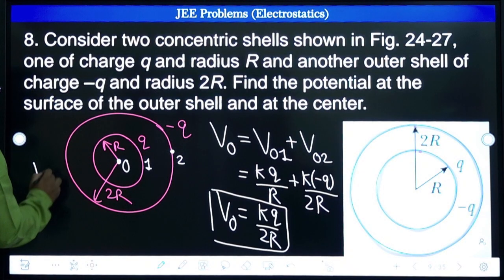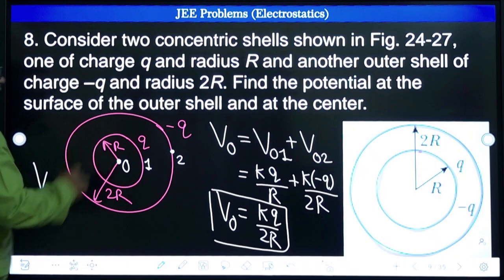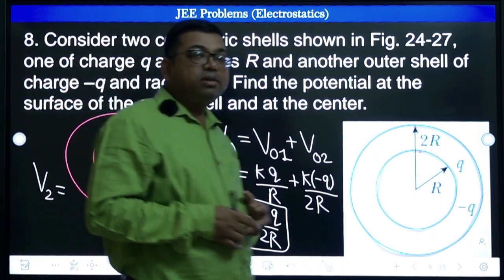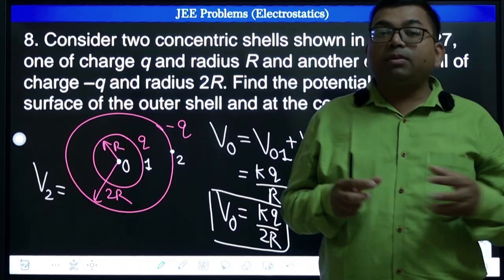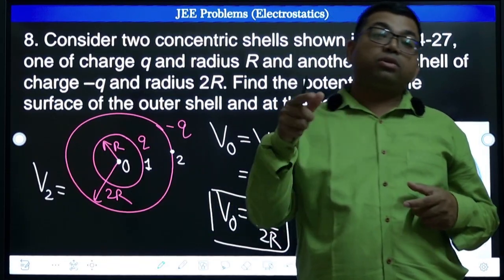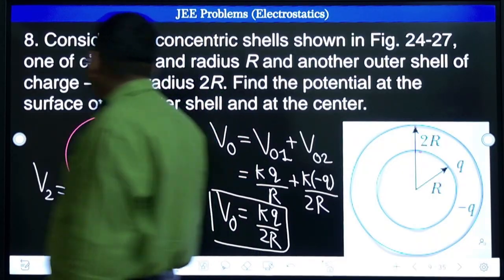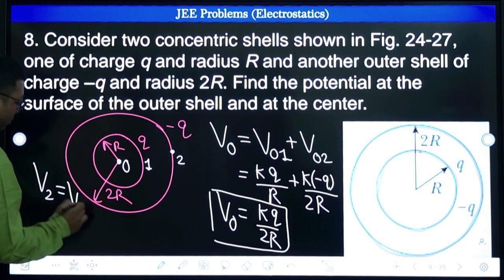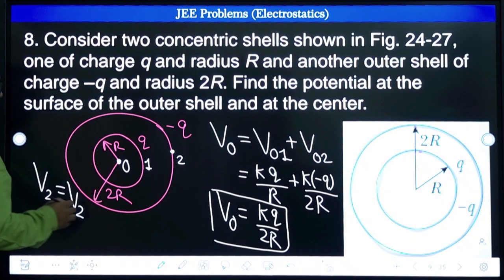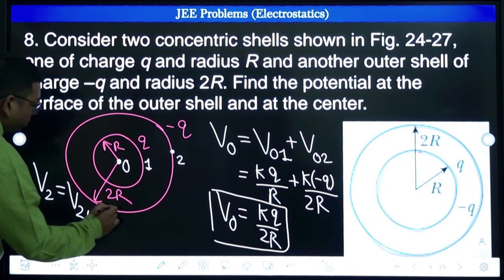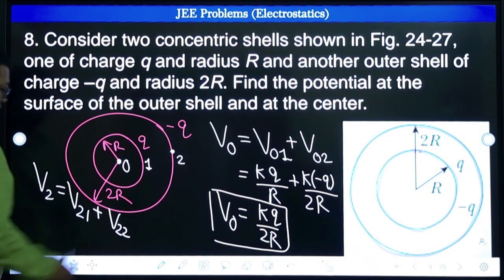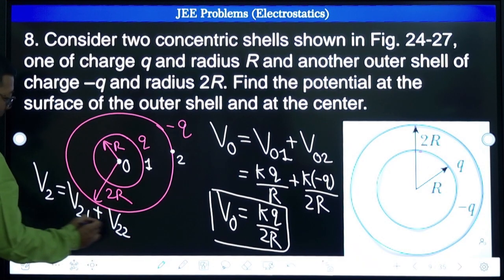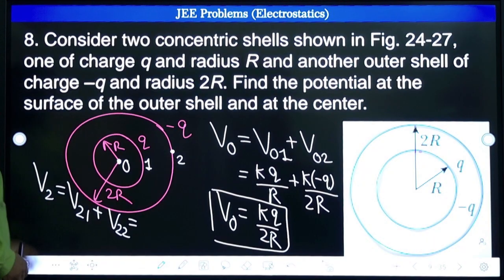Now what about the potential at point 2? The potential at 2 will be due to its own charge and due to the first sphere. So the potential at 2 is the potential due to charge 1 plus the potential due to its own charge.